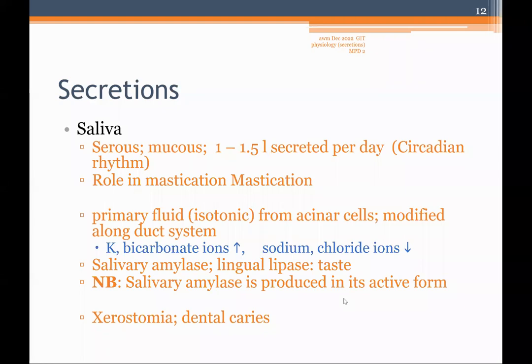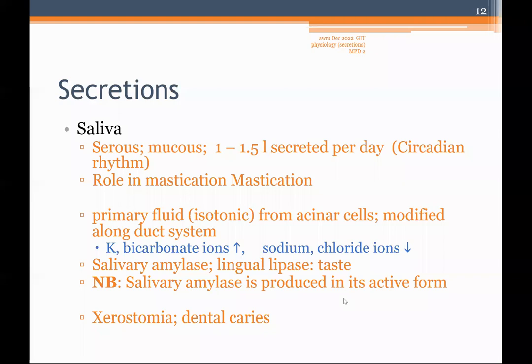How is saliva formed? There are two stages. The acinar cells, the glandular cells, secrete a fluid that is known as the primary fluid. And it is usually isotonic with blood.